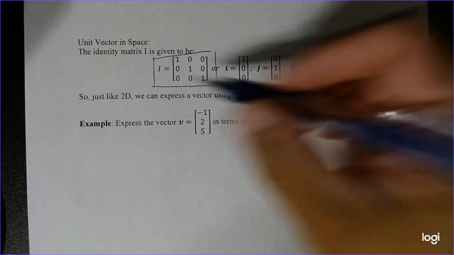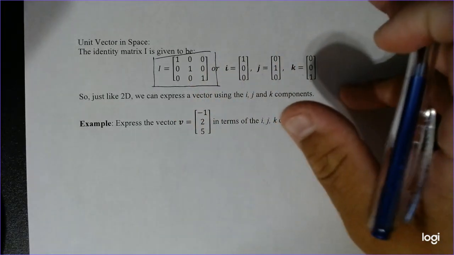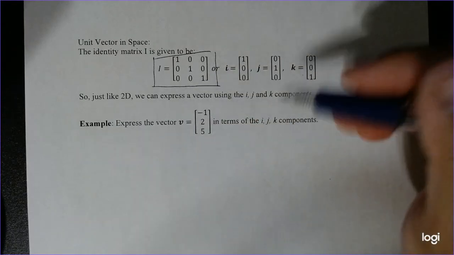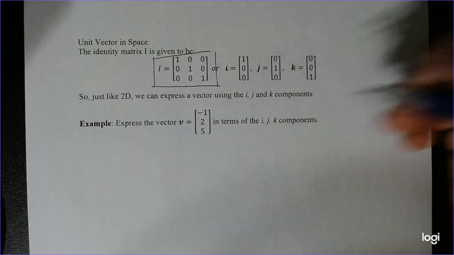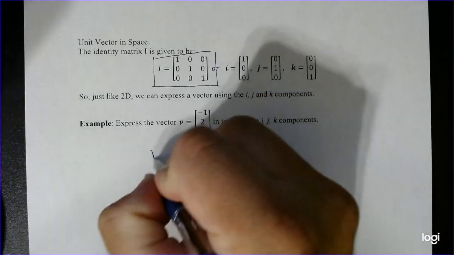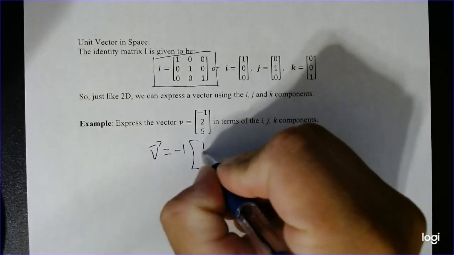Okay. So again, like everything else, we can express vectors in terms of its i, j, k components, or the identity matrix itself. So like this one, express the vector in terms of the i, j, and k components. Okay. So remember, we could rewrite this to look like this.